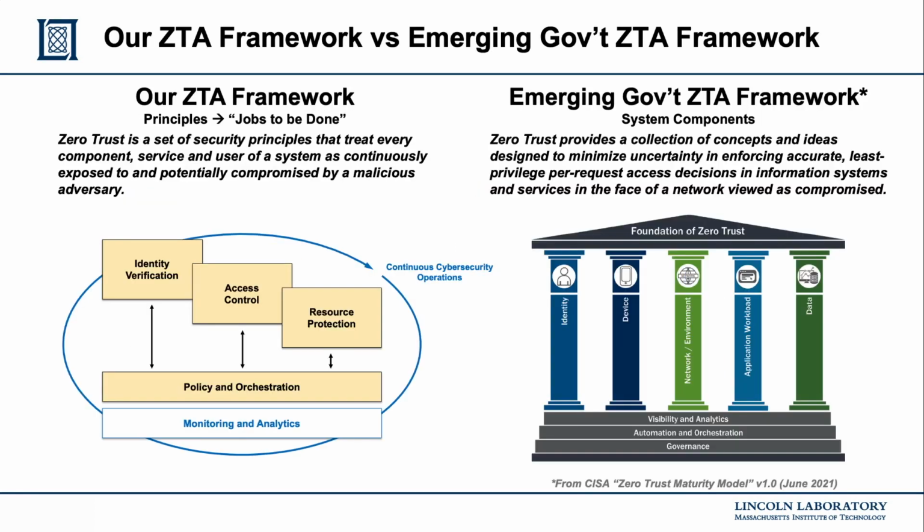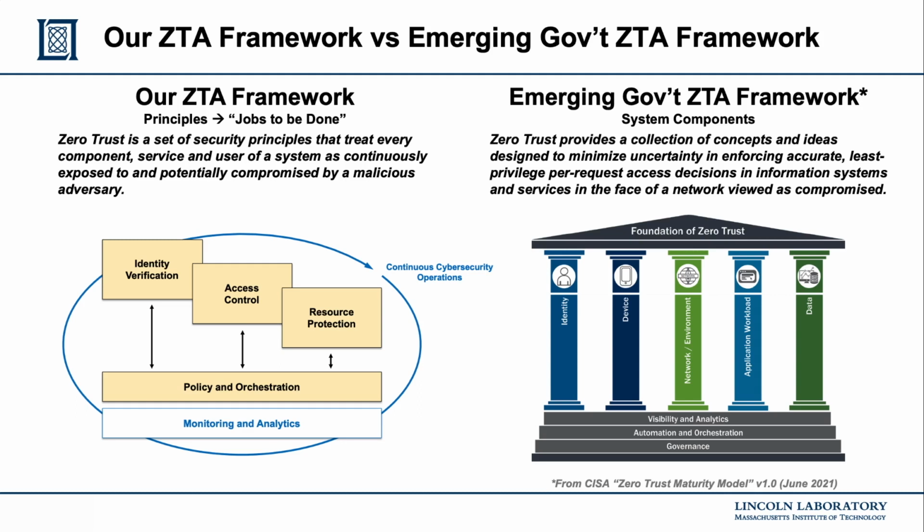One theme that we found in reviewing this documentation is that there is a difference between the framework that we're proposing and that which appears to be emerging as the consensus within the US government in describing Zero Trust architectures. And the difference stems primarily from the definition of what a Zero Trust architecture is.